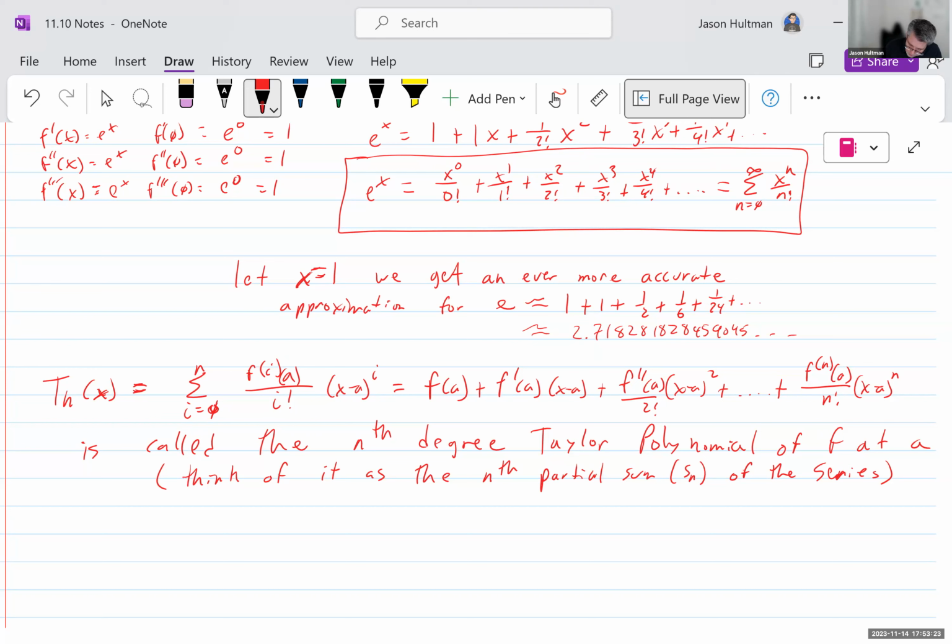Okay, R sub n of x is called the remainder of the Taylor series.